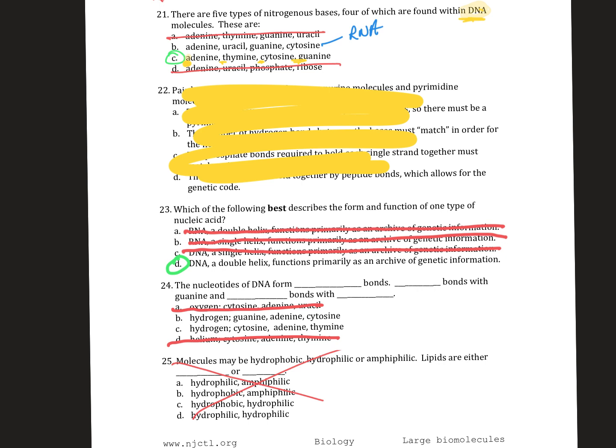Your brain is done, you're running out of steam. I understand that. I've been there. But there's no reason for you to choose helium. Oxygen's wrong. So we know it's one of these two. Something bonds with G, it's C. So this is definitely the answer. And then A bonds with T. So again, the bonding rule is A bonds with T and G bonds with C.